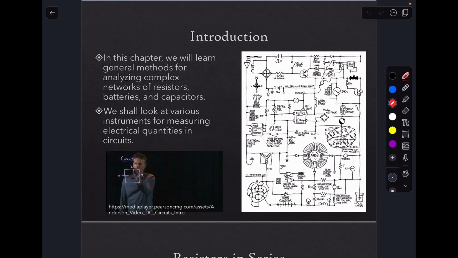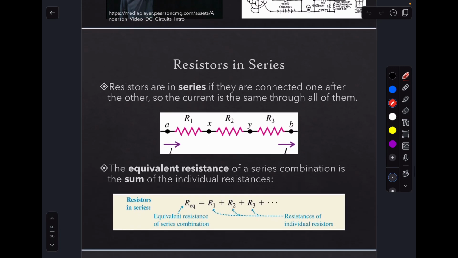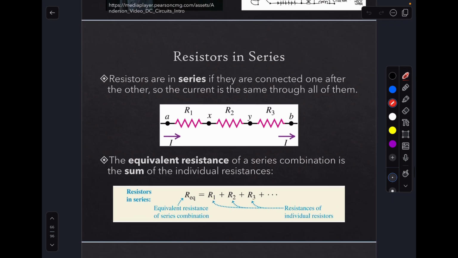So what we're going to do is look at some general methods for analyzing complex networks of resistors, batteries, and capacitors. The first thing we need to review is what happens when you have multiple resistors in a circuit.